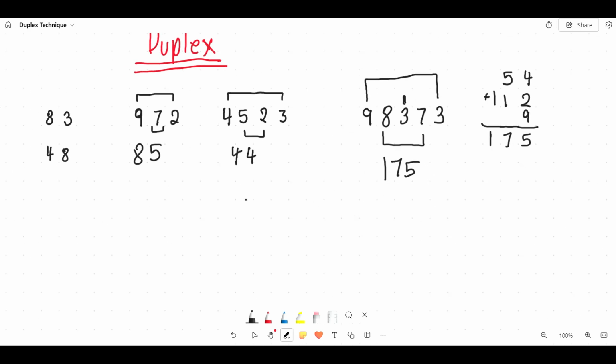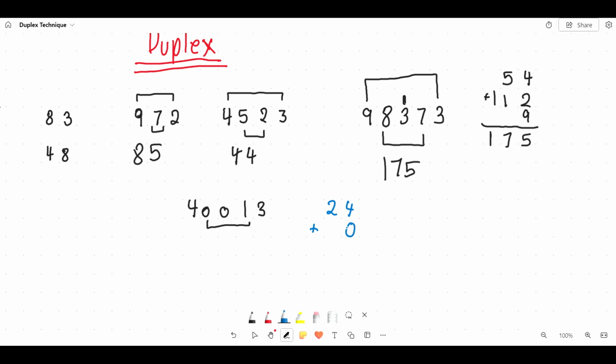So one more example. 40013. 4 and 3 duplex. That would be 4 into 3 into 2. 4 into 6, 24. Okay, 24 plus 0 and 1. 0 into 1 into 2, still a 0.